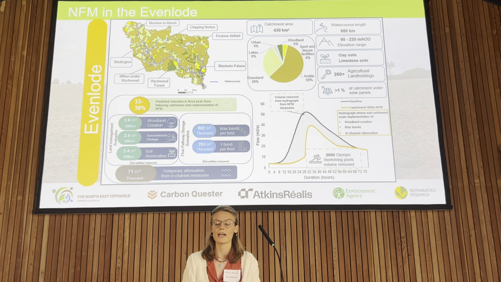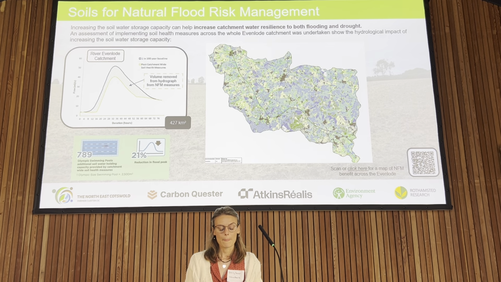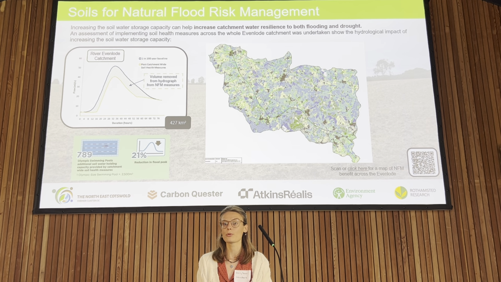And then the hash area is representing the volume that is held in the catchment from these types of natural flood management measures. But obviously today we're here to talk about soils in particular, so I've repeated that hydrograph analysis, but just looking at the outputs from the soil restoration land use scenario.